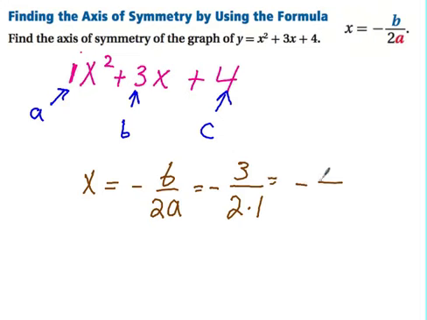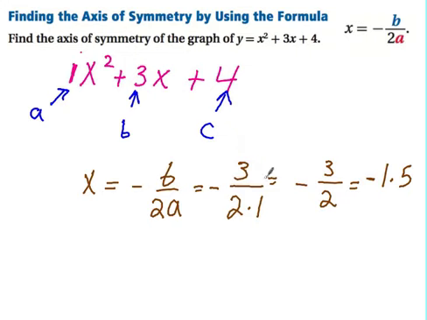So negative 3 divided by 2, and that's negative 1.5. So the axis of symmetry, if we would graph this equation, we would have an axis of symmetry that goes through negative 1.5.